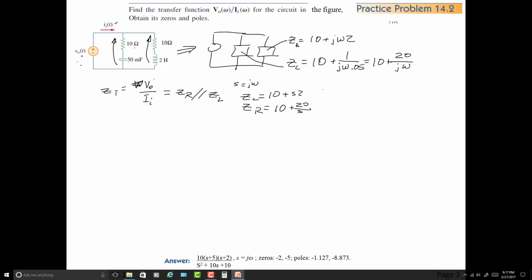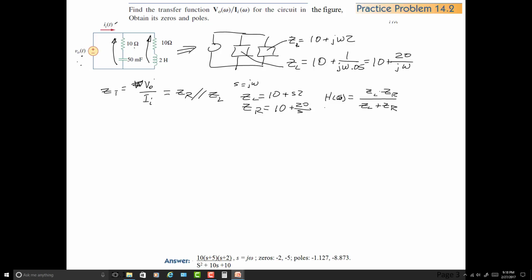And what is the parallel combination? I claim that the transfer function here of omega, or actually we'll make it of S for the moment, will be Z left times Z right over Z left plus Z right.